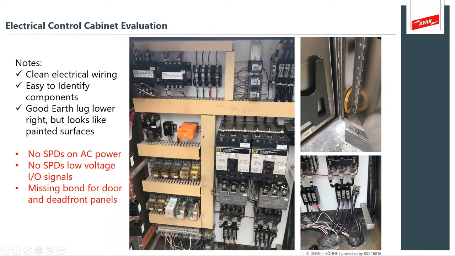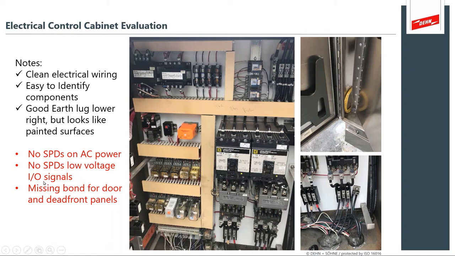Is it easy to identify your components? Check. Is there a good earth lug in the cabinet? In this photograph, you can see that in the lower right, we do have a good earth lug, but it looks like it's on painted surfaces. So this is something to pay attention to. How good is that bond through a painted surface?